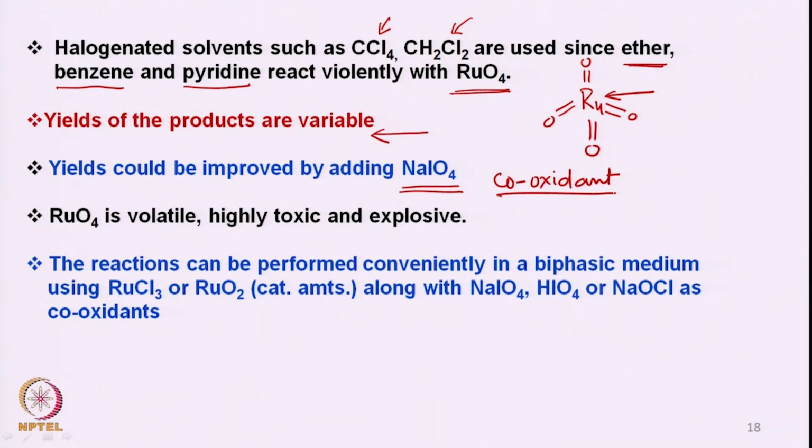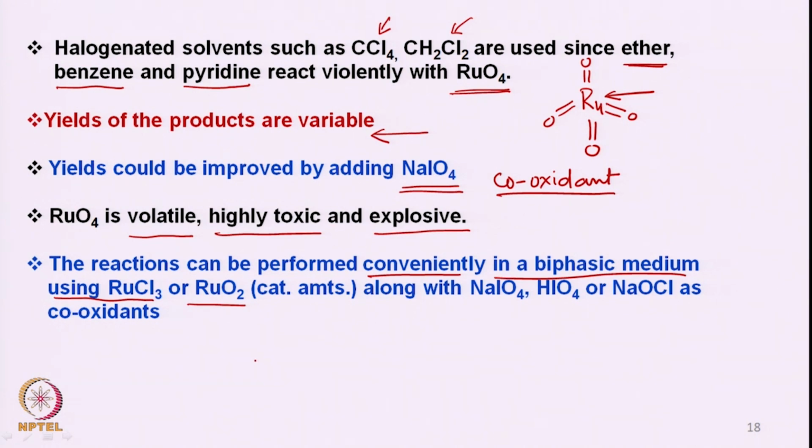On its own, ruthenium tetroxide is volatile and highly toxic and is also reported to be an explosive. The reaction therefore can be performed conveniently in a biphasic medium using ruthenium trichloride or ruthenium tetroxide in catalytic amounts.